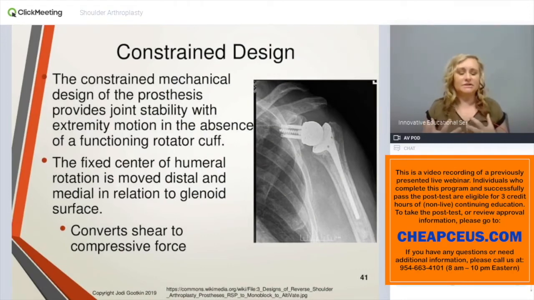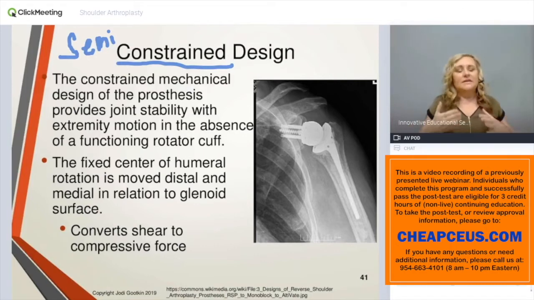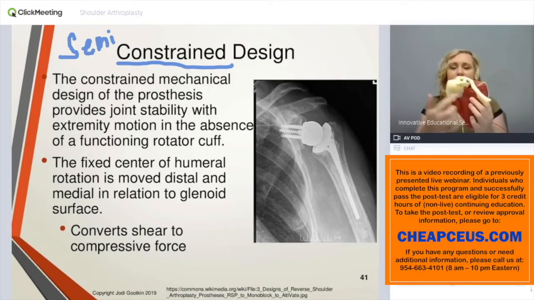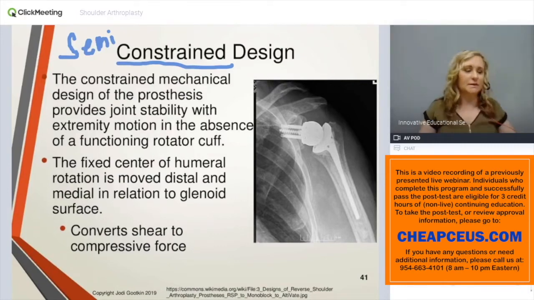Looking at the specific design of the reverse shoulder arthroplasty, it's considered a constrained, probably more accurately called a semi-constrained design based on some of the research. We said that the individual who undergoes the reverse shoulder arthroplasty is typically the patient who does not have an intact rotator cuff to stabilize that humeral head on the glenoid fossa.